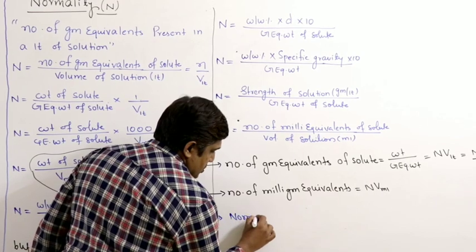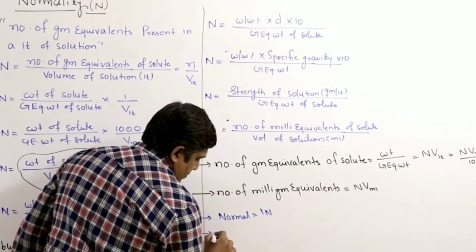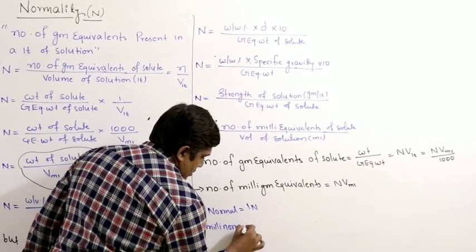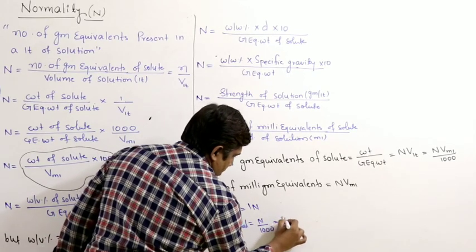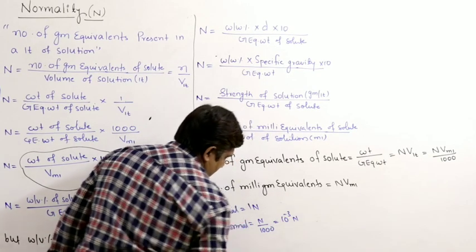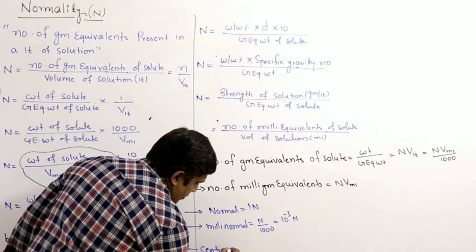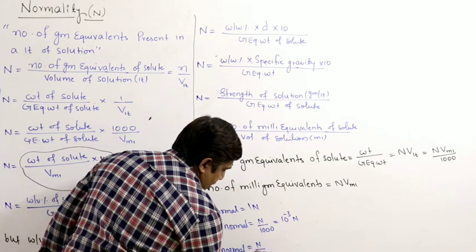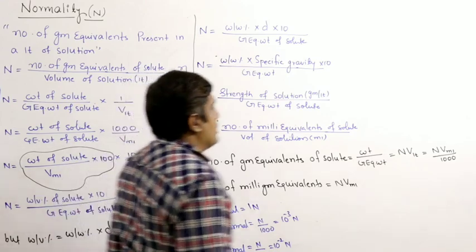One normal solution means 1 N. Milli normal solution is nothing but N by 1000 or 10 power minus 3 N. Centinormal solution means N by 100 or 10 power minus 2 N.